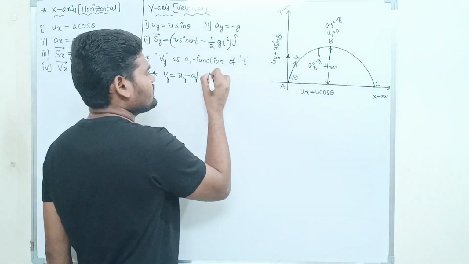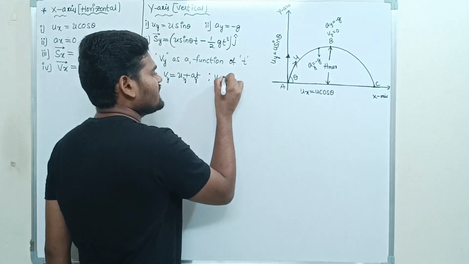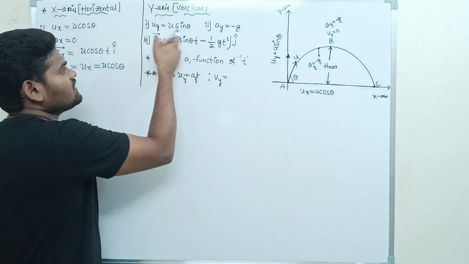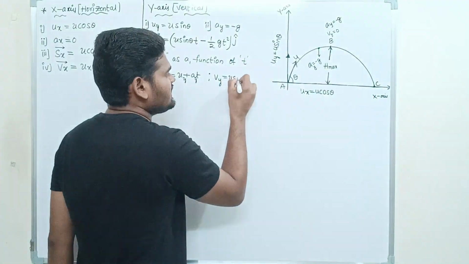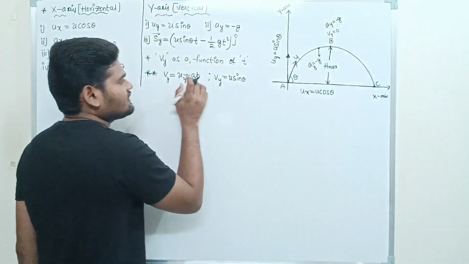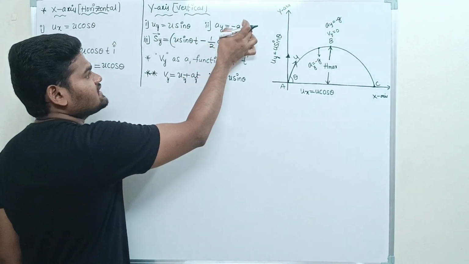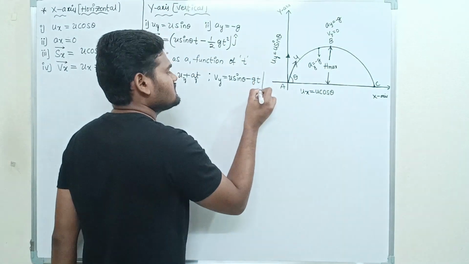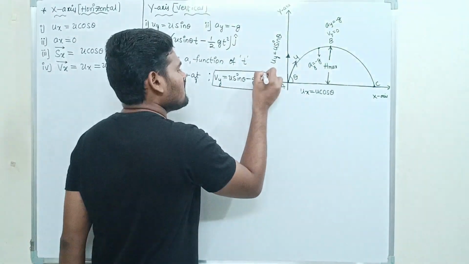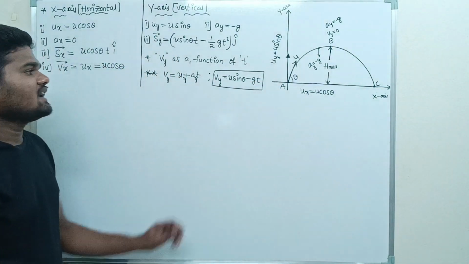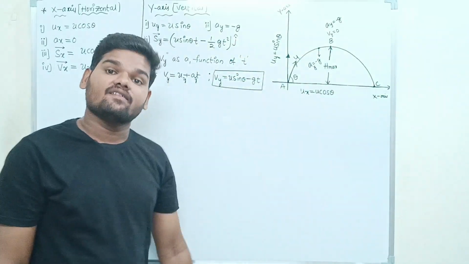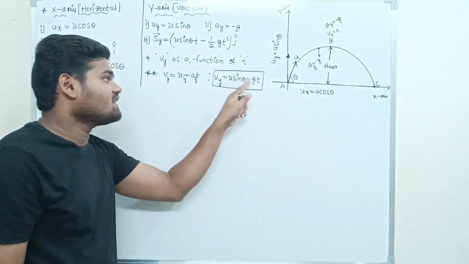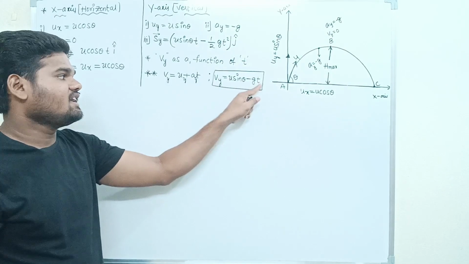So here I am writing. Vy we have to find, that is equal to Uy. What is the value of Uy? u sin theta, plus Ay is equal to minus g, so u sin theta minus g t. So this is the velocity of a projectile object along the y direction as a function of time, Vy(t).